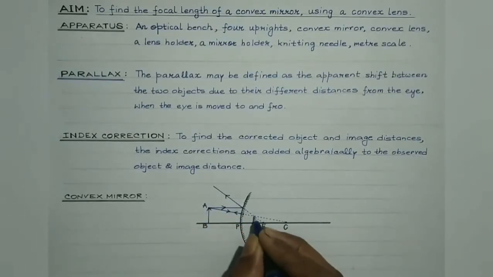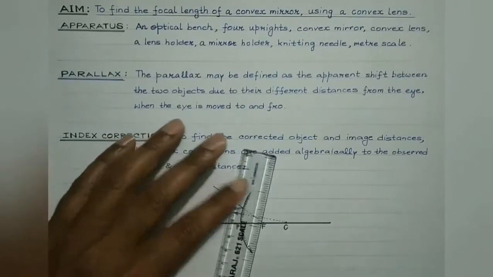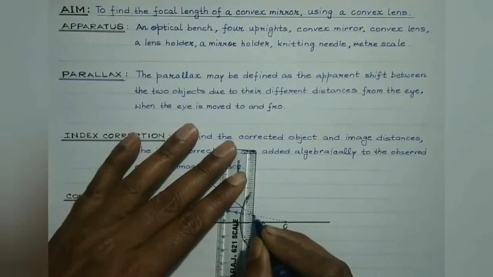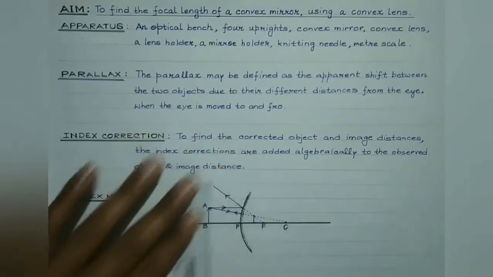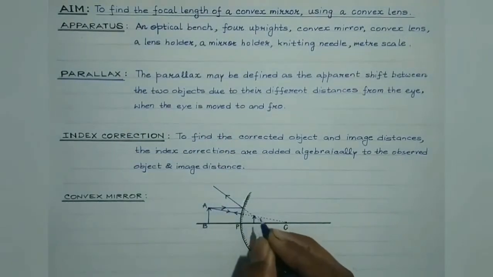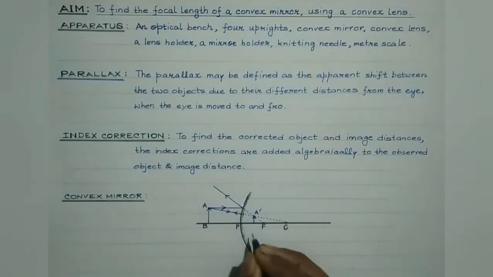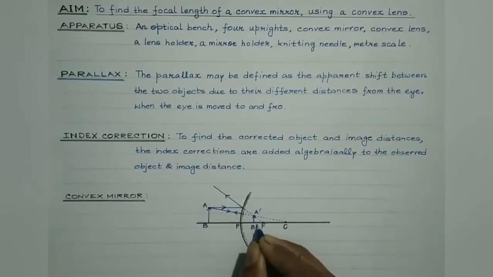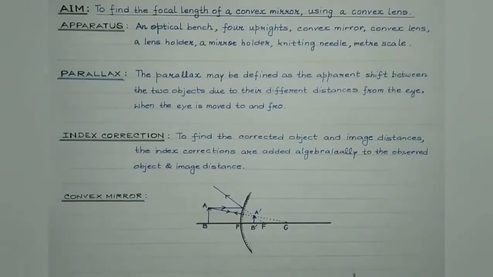So students, these are the two virtual lines which are meeting over here. So here the virtual image will be formed. This is the virtual image. Suppose this is A dash and B dash. So what we notice is that in the case of a convex mirror, the image is always formed behind the mirror.